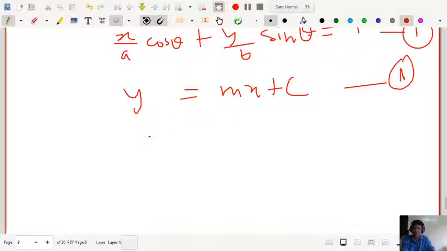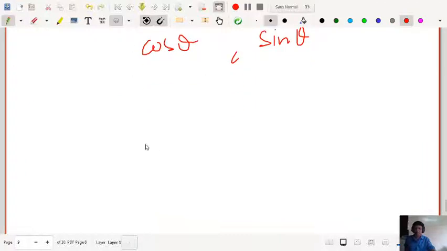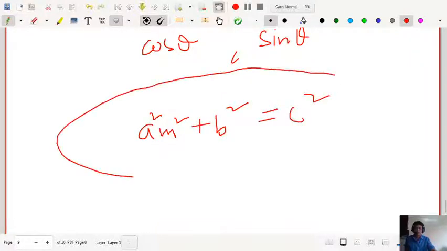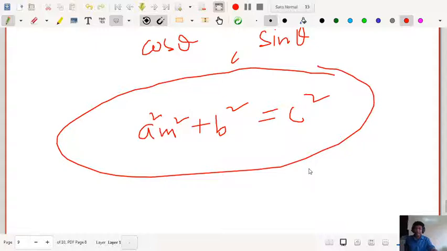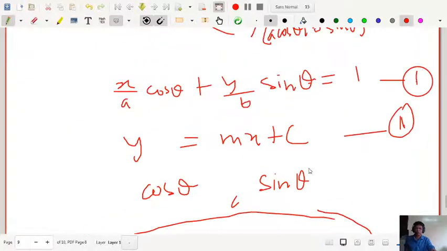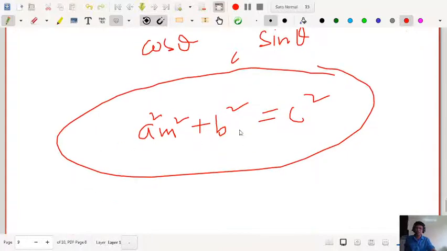In that case, you will get the values of cos theta and sin theta by equating the first two ratios and the first and the last ratios, and using the relation cos square theta plus sin square theta is equal to 1, you will get the condition of tangency as a square m square plus b square equal to c square. So this is the condition of tangency for an ellipse, that y equal to mx plus c is a tangent to the ellipse.